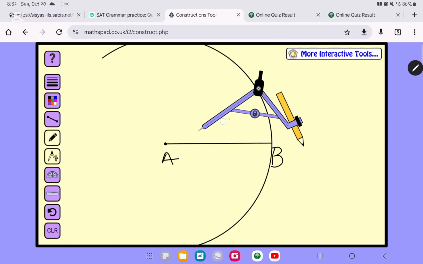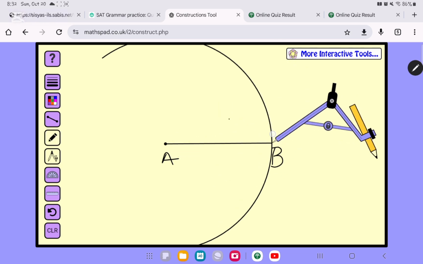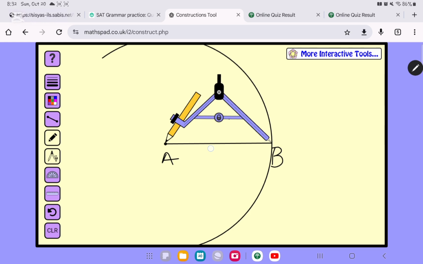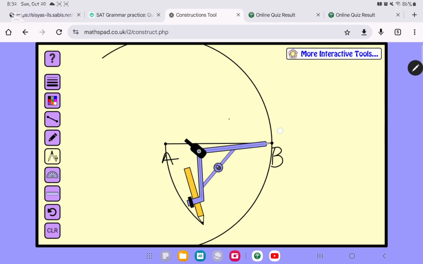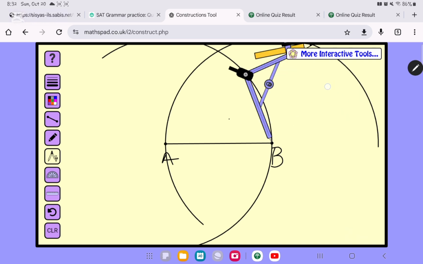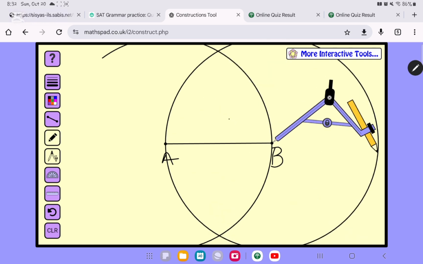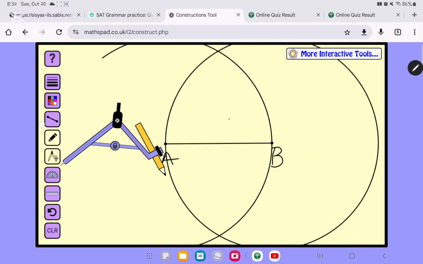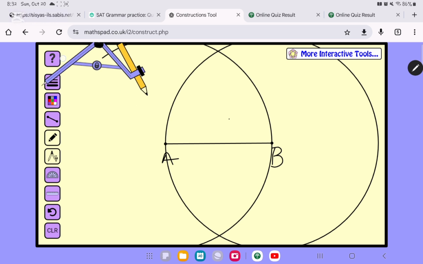Then, we're gonna go to center B. So then, with center B, we're gonna draw another arc. It's another big arc. I drew a circle by accident. I meant to draw an arc. Okay? So, we drew two arcs.